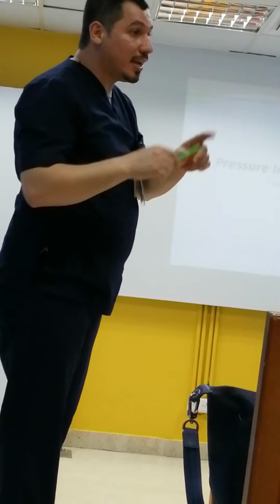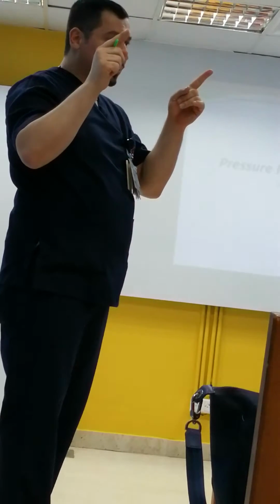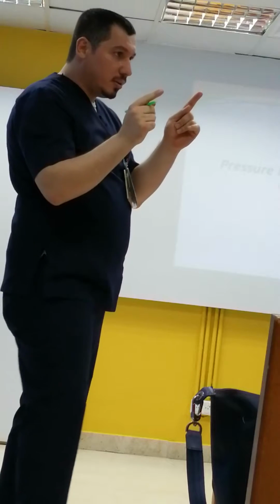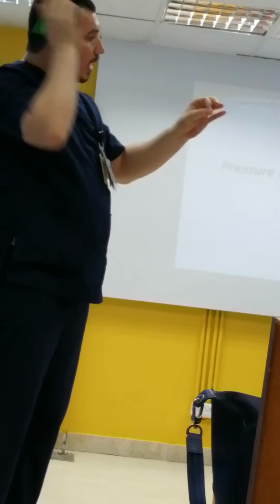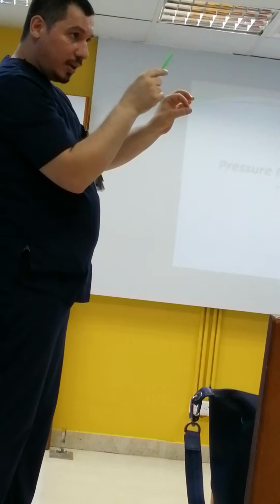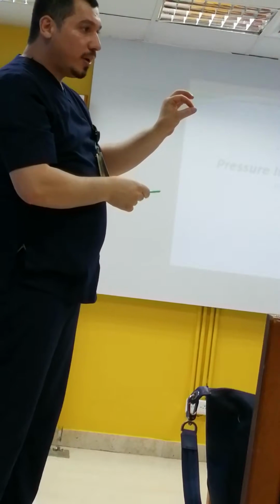We are going to take the location of the undermining, and we have to take it by interval. What do you mean by interval? Because it's in many directions. Sometimes, like I had a patient before in ICU, you have undermining, but the undermining is 12 to 12. What do you mean by 12 to 12?